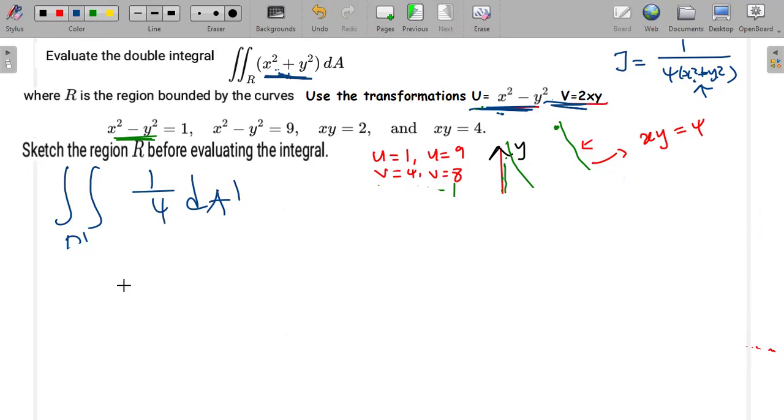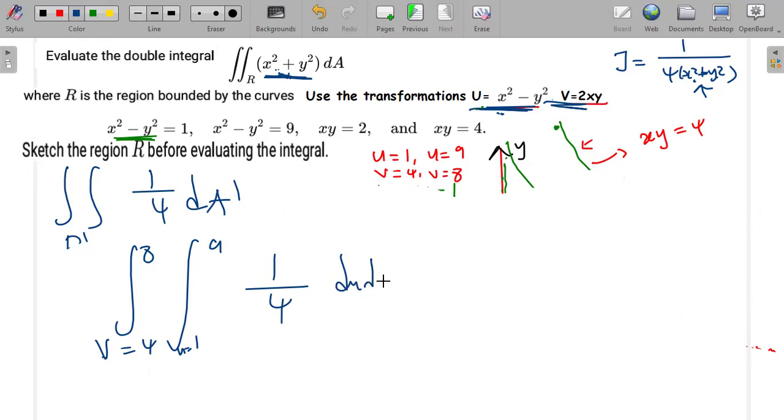So the integral now becomes, I can put this in any order, so I'll start with V. V is from 4 to 8, and the inside one is from 1 to 9. Our integral is just 1 over 4, and since we started with the V here, this one inside is the U. So I'll start with du dv.